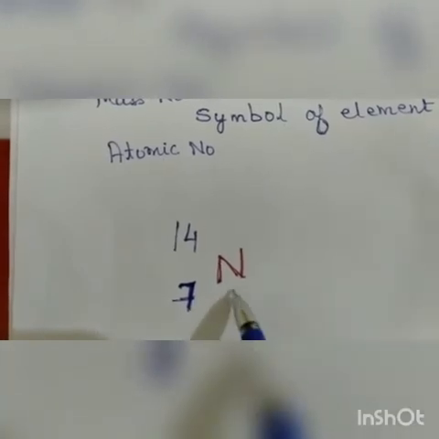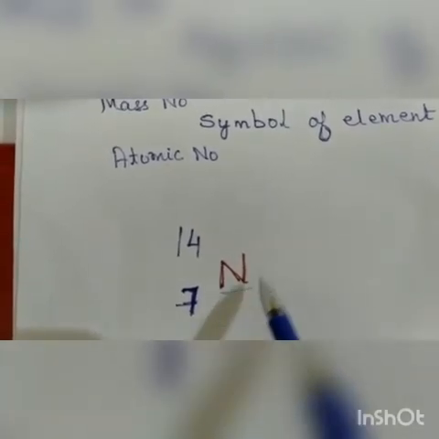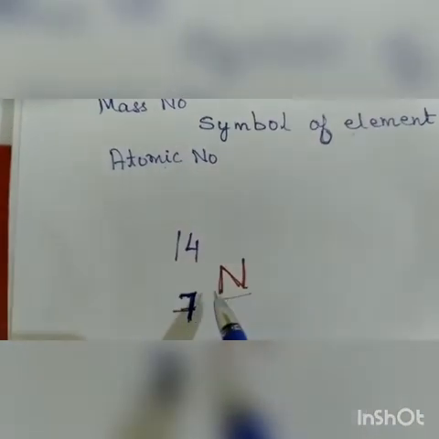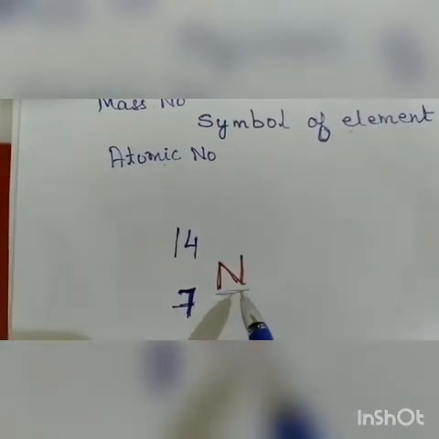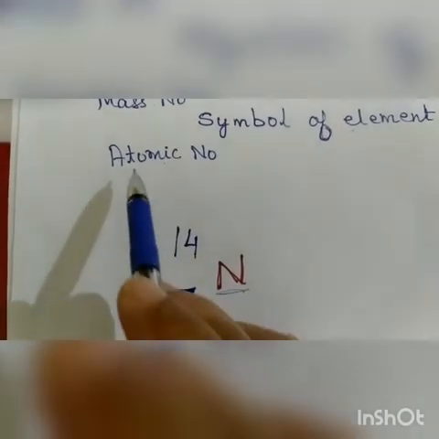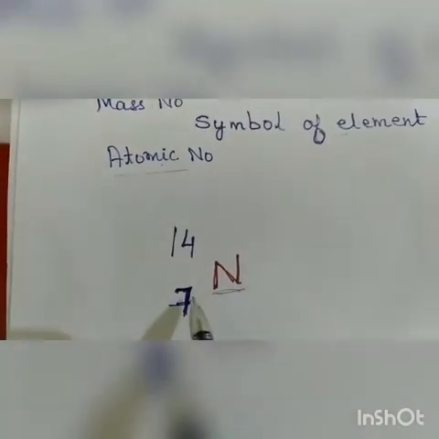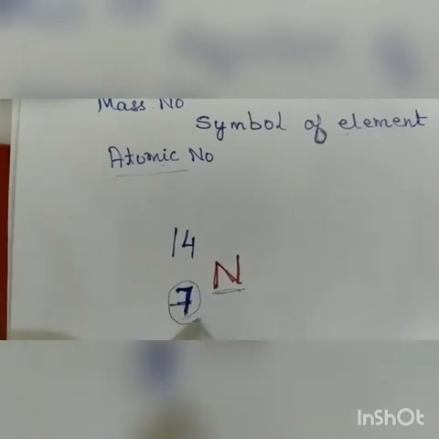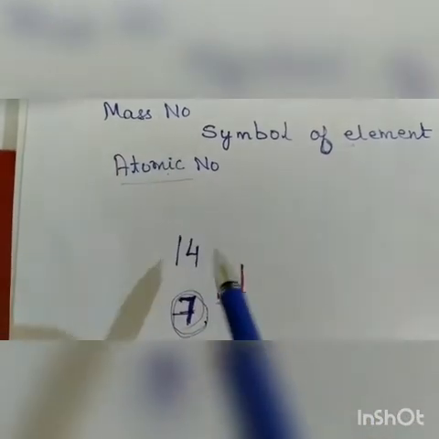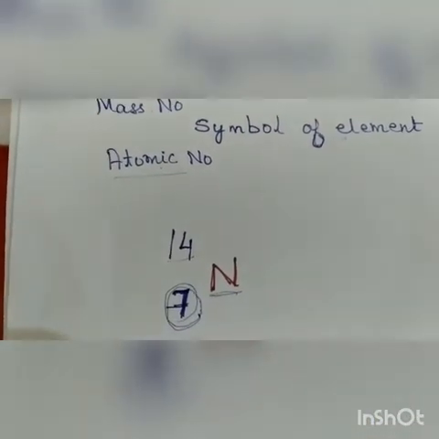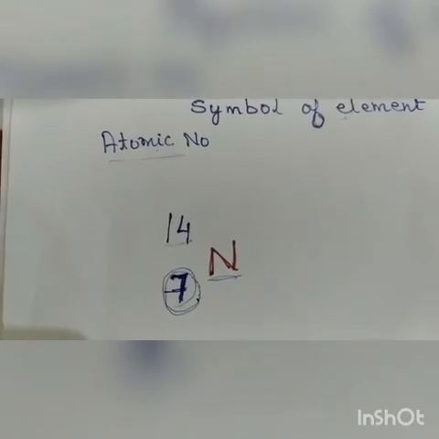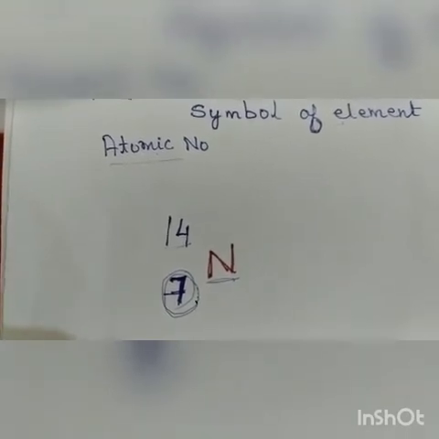The symbol of nitrogen is N. Below we write the atomic number, so this is the atomic number of nitrogen, and above we write the mass number, so this 14 is the mass number. Now we show it in this form.